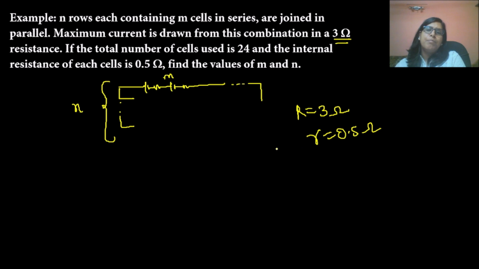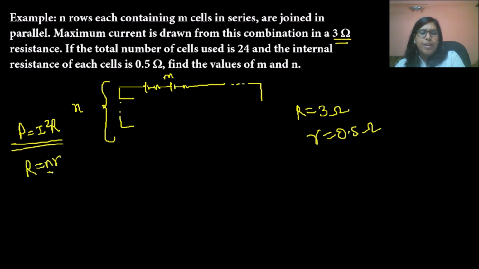Whenever the maximum power is drawn, the current will also be maximum because P equals I square into R. So the condition for maximum power and maximum current will be the same, that means R equals nr by m. This comes when n resistances were in series and m is the number of rows, but here it is just opposite.